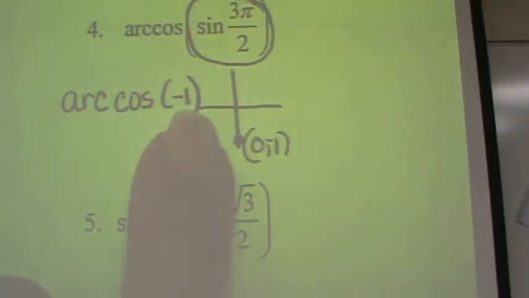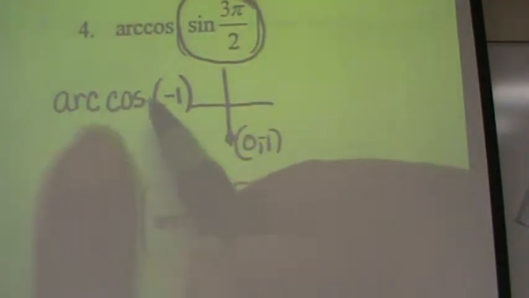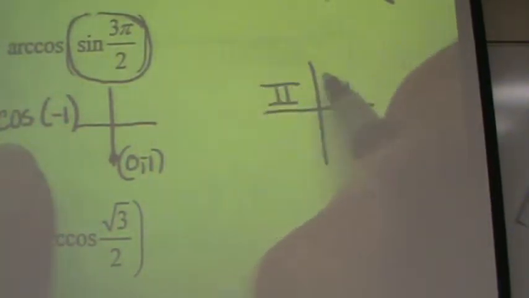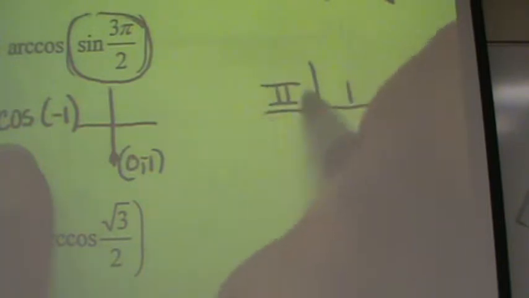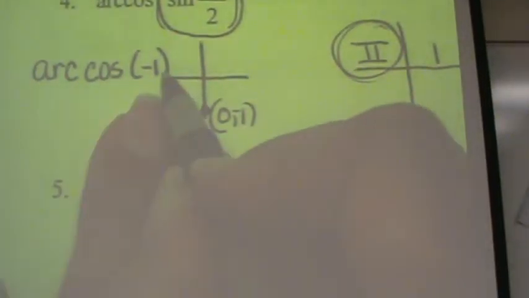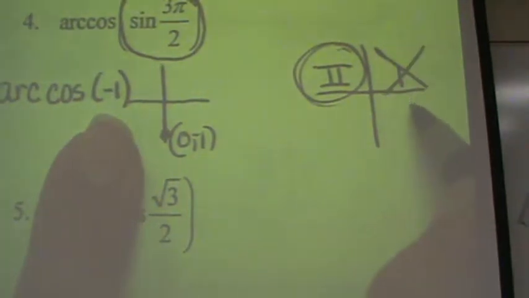So now I want to know the angle whose ratio is negative 1. And because it's arc cosine, I'm in quadrant 1 if it's positive and 2 if it's negative. So something tells me I'm in this area right here, right? Because it's not positive, so it's not here.